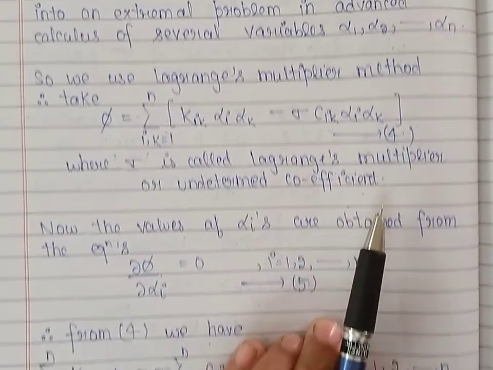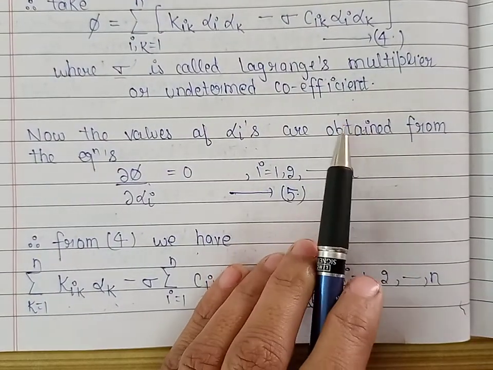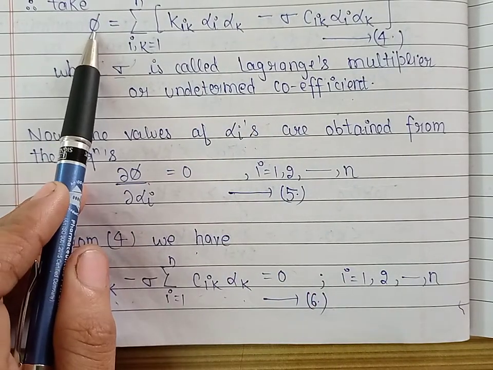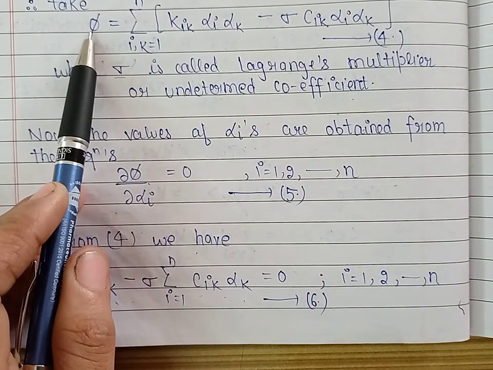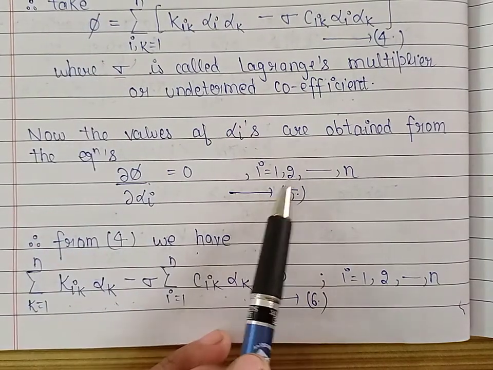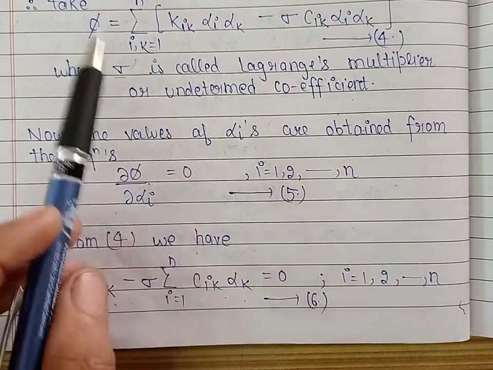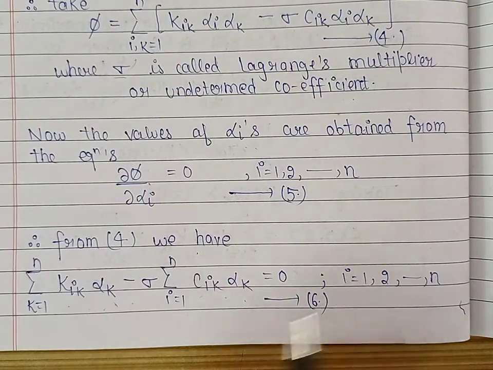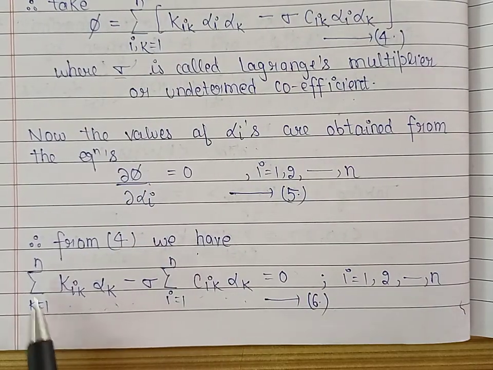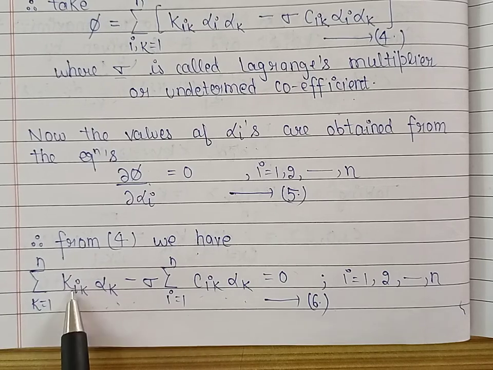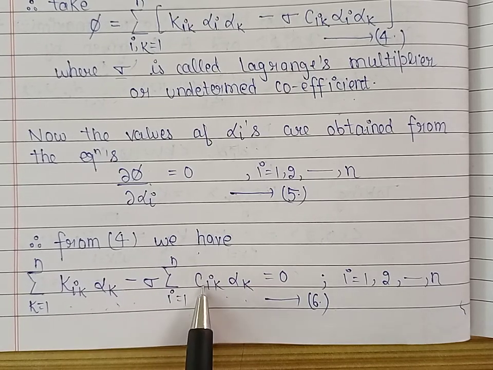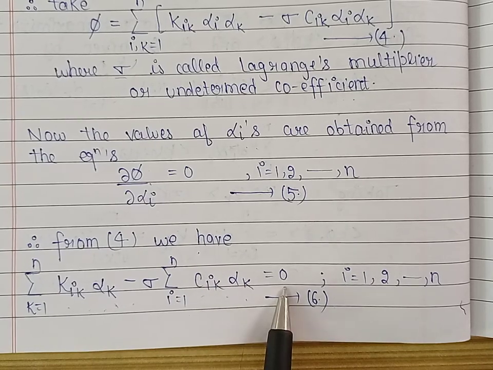Now we have to find the values of alpha i's. To find the values of alpha i, we differentiate this with respect to alpha i partially, where i varies from 1 to n. So if we differentiate this with respect to alpha i's partially, we get the equation summation k varies from 1 to n, k_ik alpha_k minus sigma summation c_ik alpha_k is equal to 0.